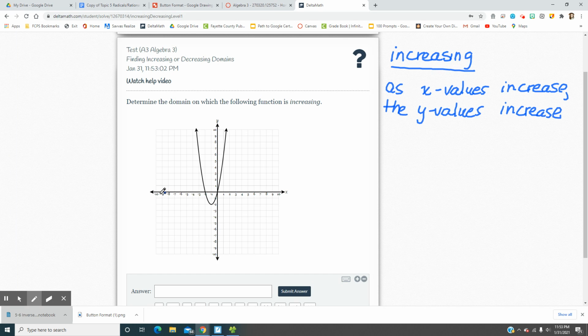If you look at the number line, the x values are increasing as we move from the left to the right. So as the x values increase, meaning as we move from left to right on the graph, the y values increase, meaning that the y values of the points would increase. So in other words, that's the part where the graph goes up.